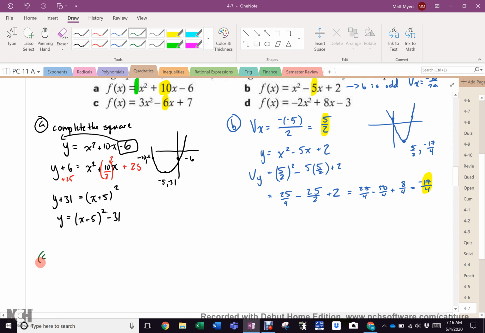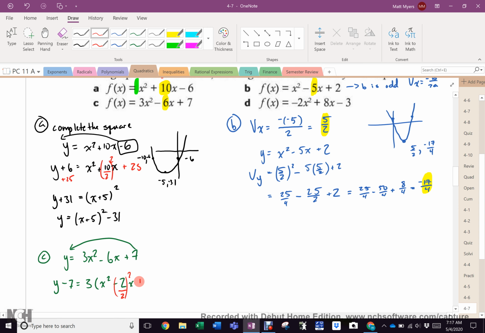So C, y equals 3x squared minus 6x plus 7. Bring the 7 over so it's out of the way. Y minus 7 equals 3x squared minus 2x, and then half it, square it.